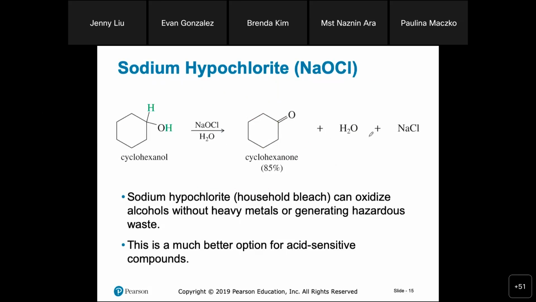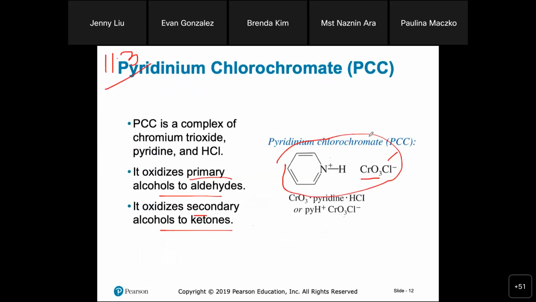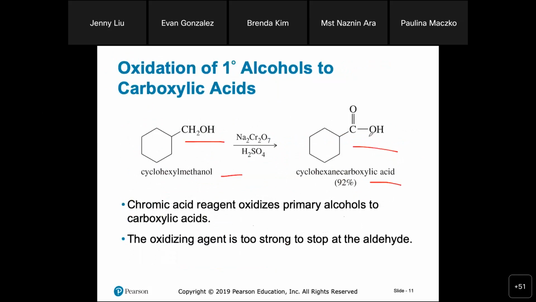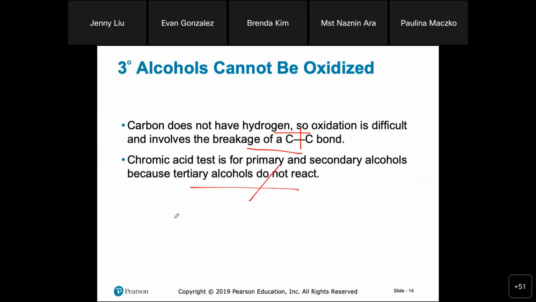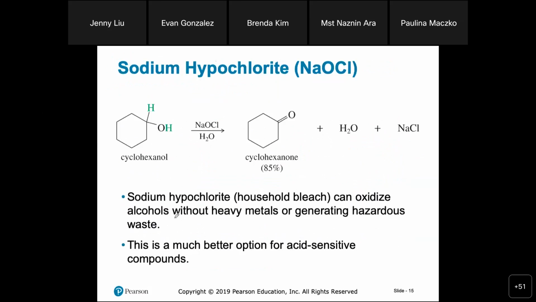Because sometimes, when we are using some of the others, we have a metallic byproduct. So this is the advantage of using this oxidizing agent: it doesn't create any heavy metals or hazardous waste.